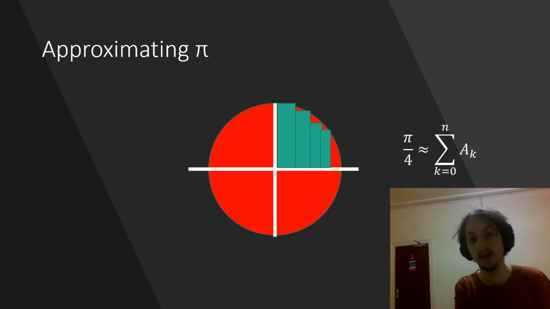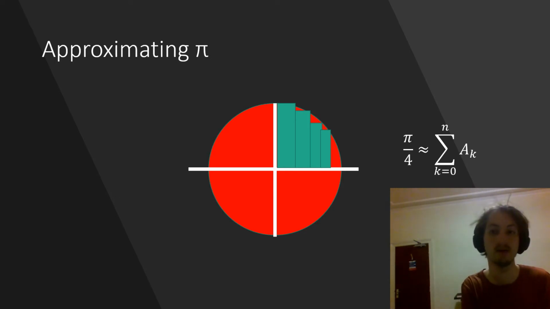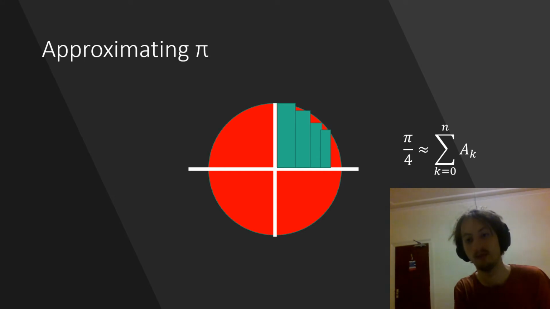When we have an infinite number of rectangles and the width of each becomes infinitesimally small, then the approximation becomes exact. But for the purposes of visualization, I'll be dealing with non-infinitesimal rectangles, so rectangles which have a macroscopic width, and therefore this equation is approximate.